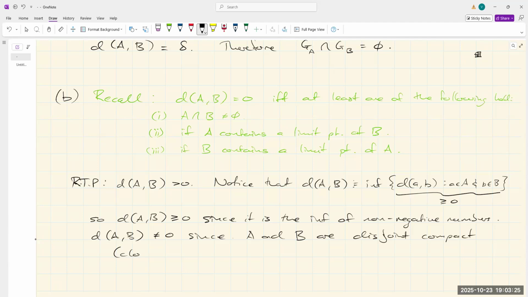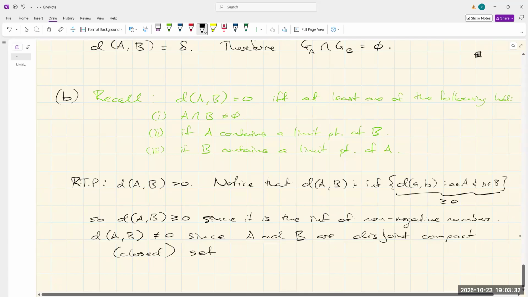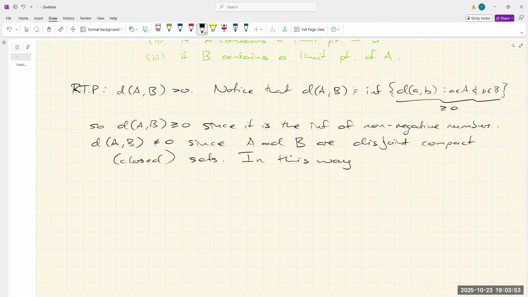Compact means closed and bounded, so in particular, disjoint closed sets. We are told that they are disjoint, so A intersection B is empty.